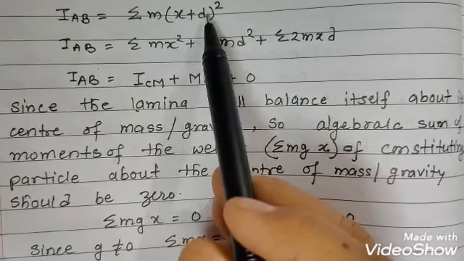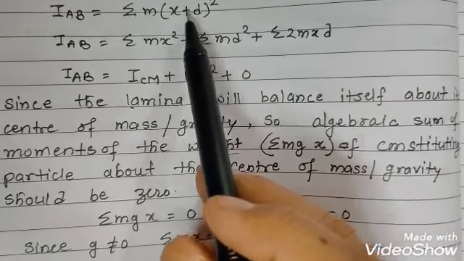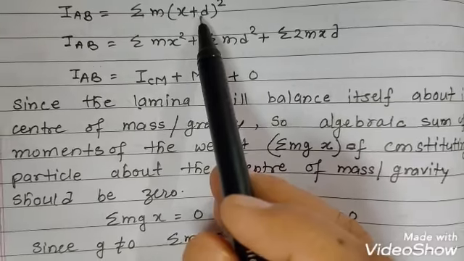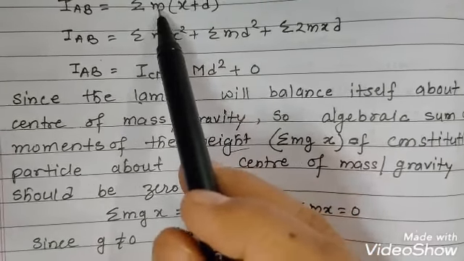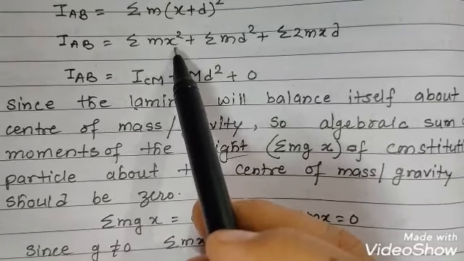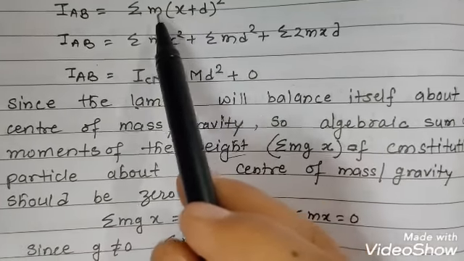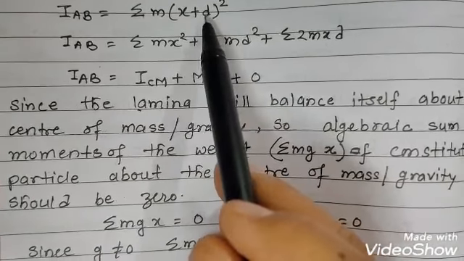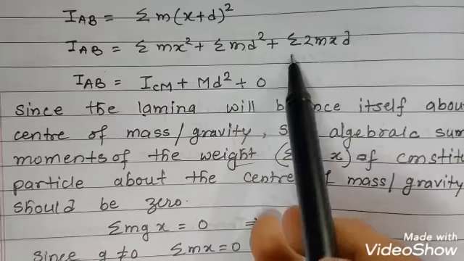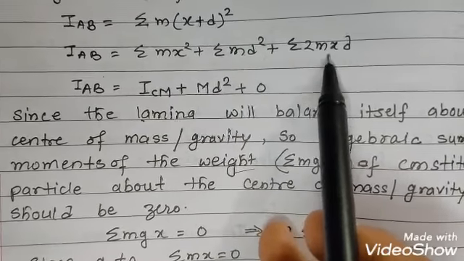According to that identity we write x square plus d square plus 2xd. Now x square multiplied with m gives summation mx square, d square multiplied with m gives summation md square, and 2dx multiplied with m gives summation 2mxd.